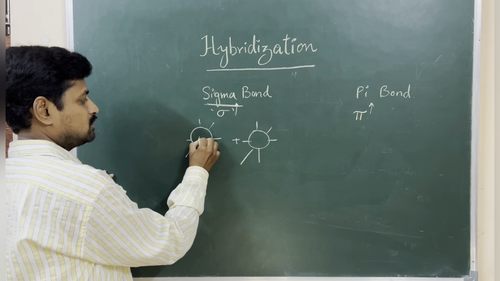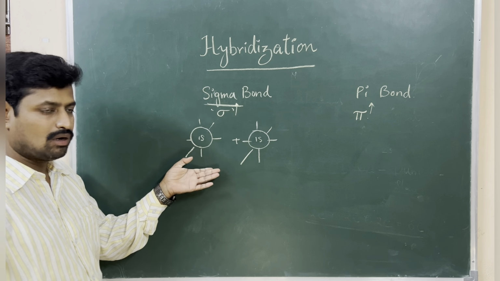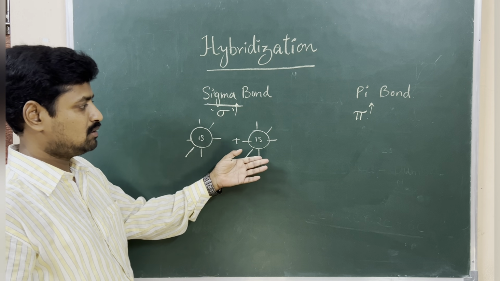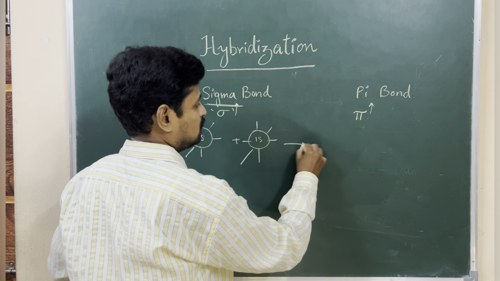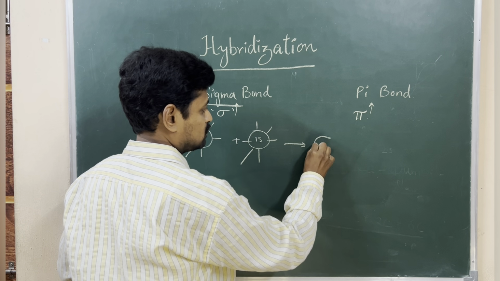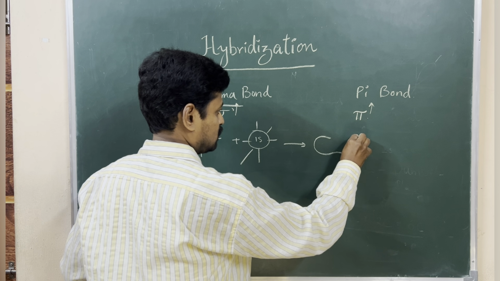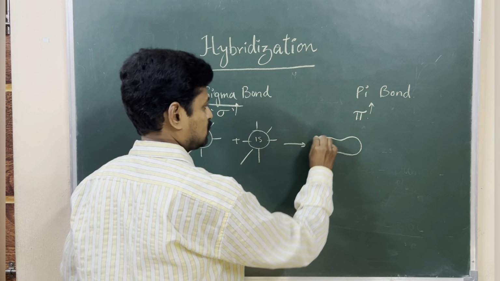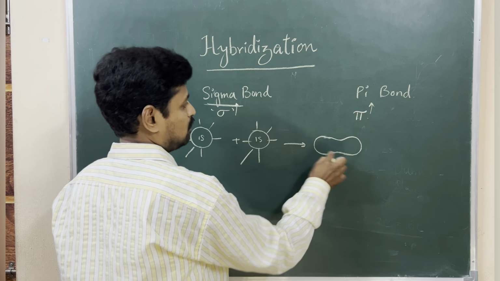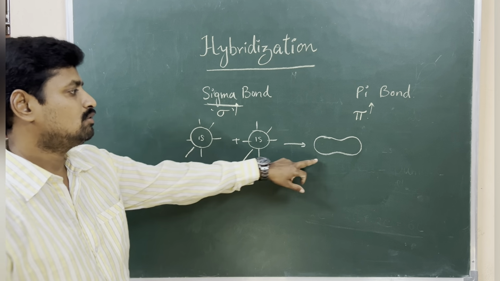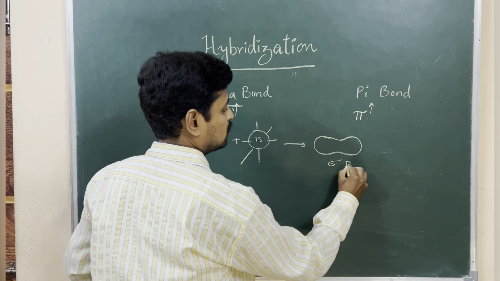So this is 1s and this is also 1s. When a 1s orbital is combined with another 1s orbital, it forms a bond like this. This is the combination of 1s. So here it is a sigma bond.